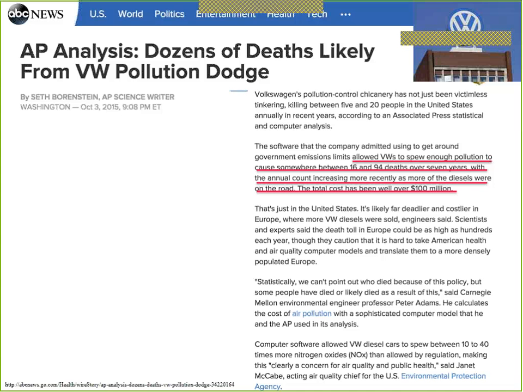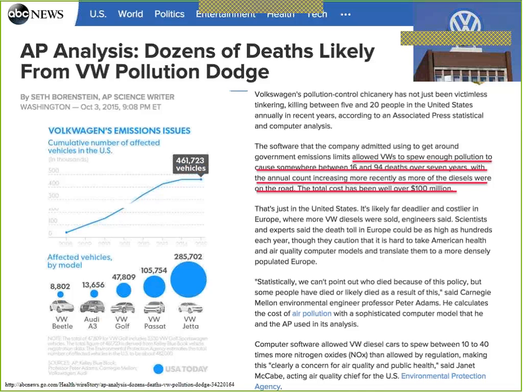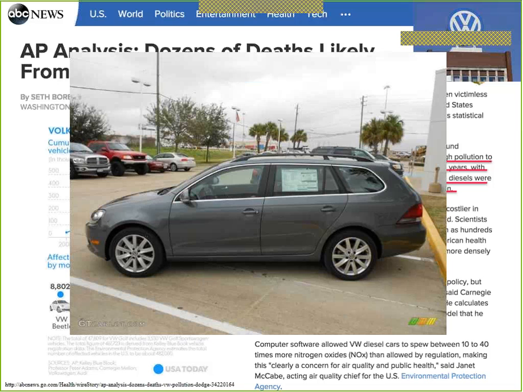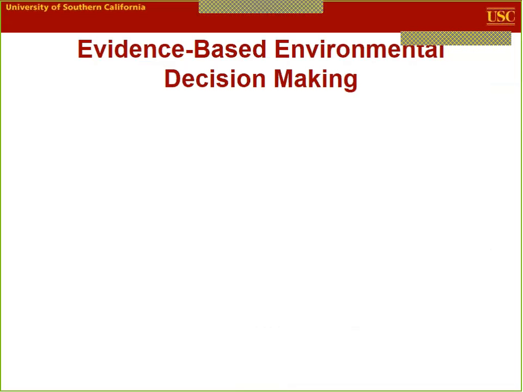So I thought it was an interesting example of a real-world problem, additional emissions, and what the consequences are. And of course, in the U.S., about 460,000 vehicles. This is actually not mine, but it's one that looks just like it. So this issue of additional risk and its consequences were part of a regulatory process here.